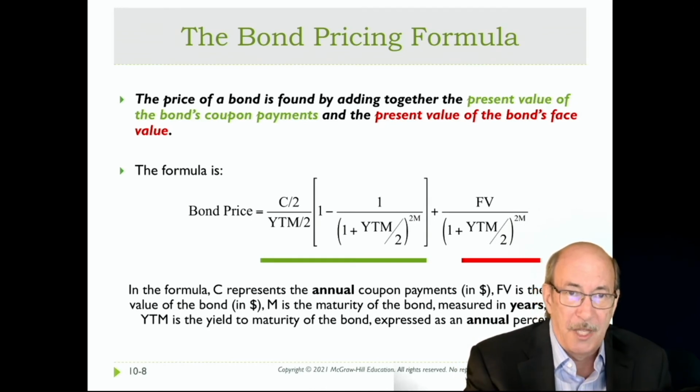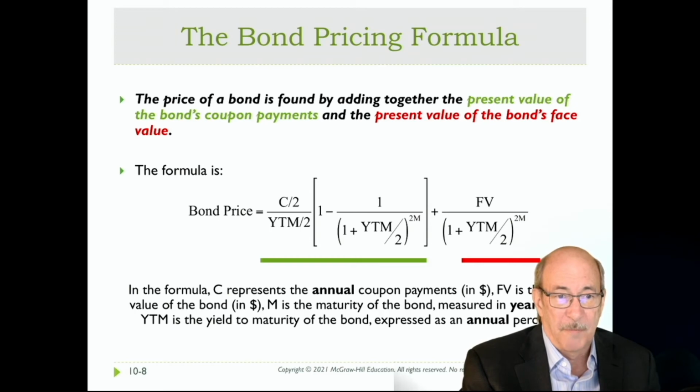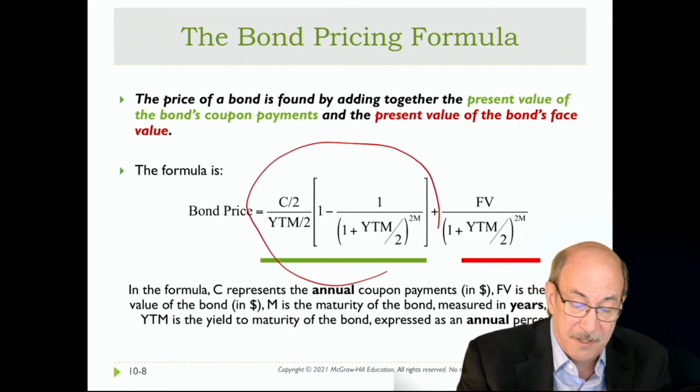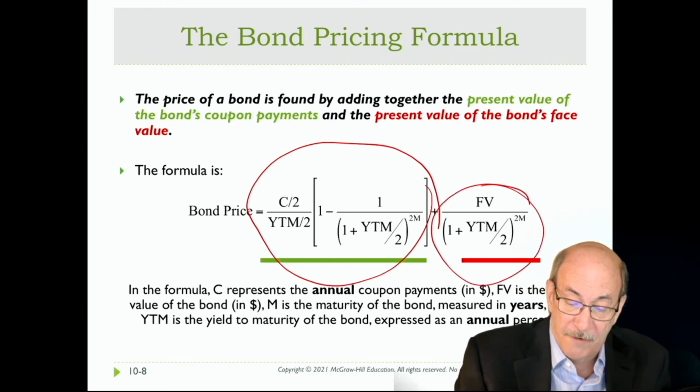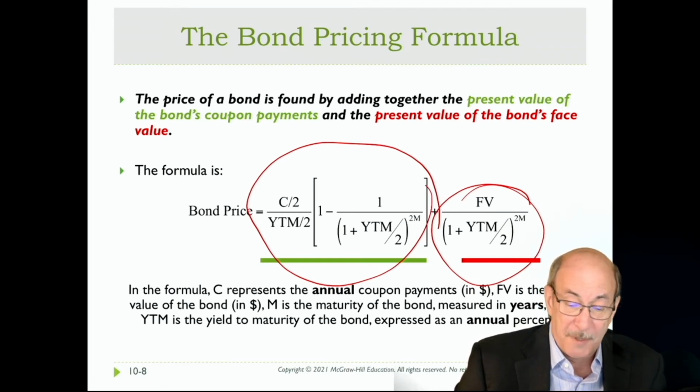But most bonds are semi-annual. Sometimes you'll see exercises where we use annual just to keep the computation simpler. But the portion of the equation above the green bar here relates to the coupon payment itself. And then this portion over here is simply that final lump sum that we get on the day of the maturity on the bond.